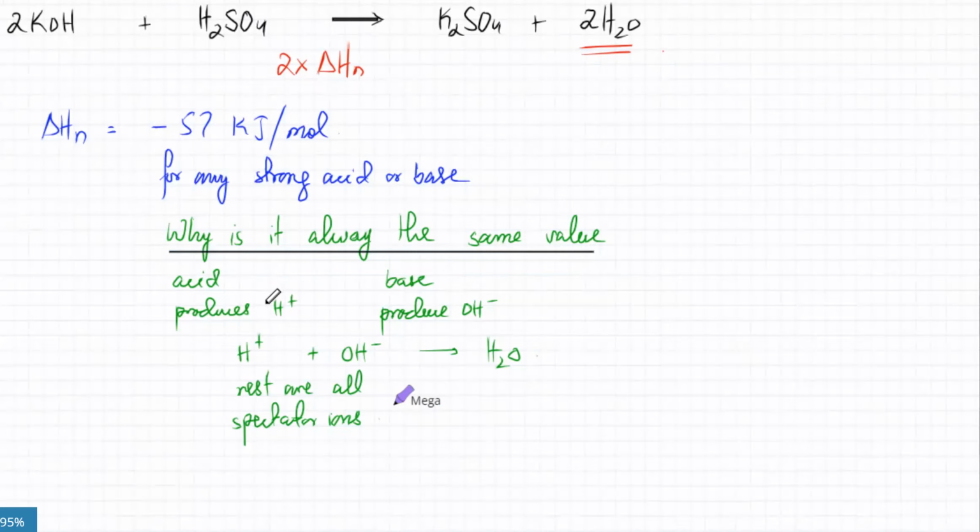Because whether it's HCl or H2SO4 or HNO3, the acid simply produces H+1 ions. And we don't care what the base is, whether it's NaOH, KOH, Ba(OH)2. The role of the base is to produce OH- ions. And the overall ionic reaction is that H+1 combines with OH- ions to form H2O, and that's about it.